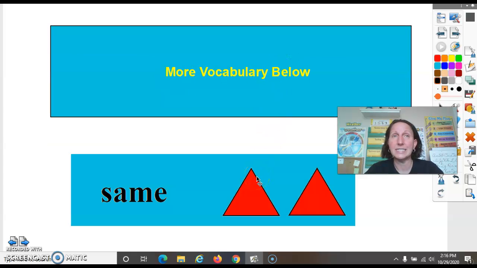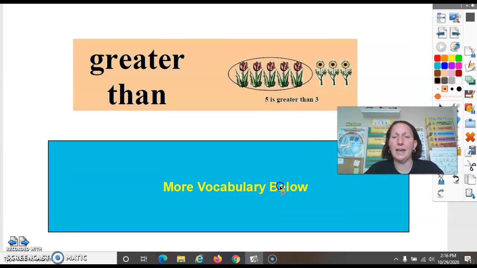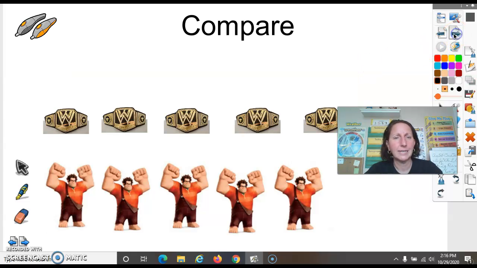Same means there is the same exact amount. So there's 1 and 1. Same means the same amount. And then we can use the words greater than or more. So we can say 5 is greater than 3, or you could say this group is more than this group. So those are the words that I want you guys to be using in the next part of our lesson.